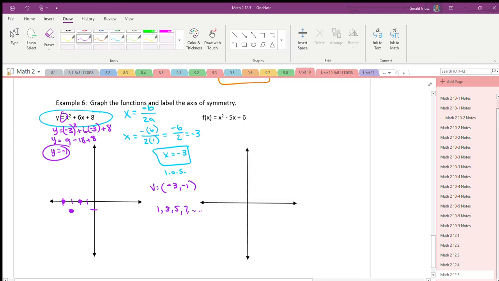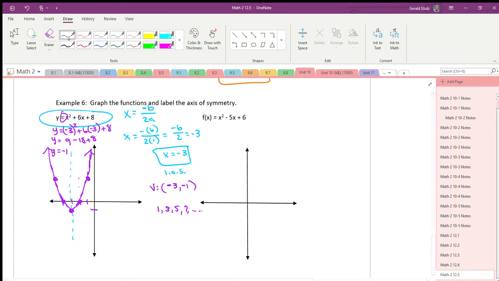Then I go up 3, right 1. Same to the left. You could do it again, but that's good enough. So there's our little graph. The axis of symmetry I already wrote as x equals -3, and it's right down the center of the vertex.